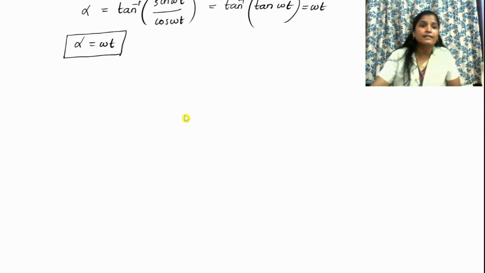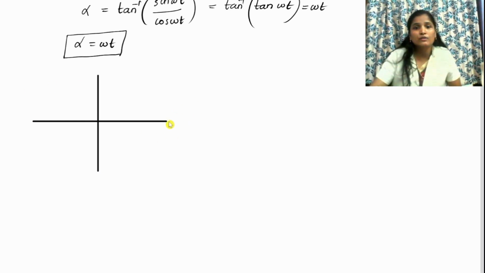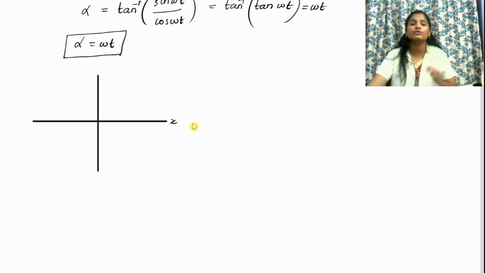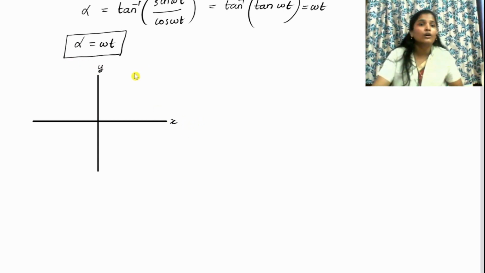First let us draw the planes, the x-axis and the z-axis. The x direction shows the x polarization, the y direction shows the y polarization. Here our assumption is the wave is circularly polarized.